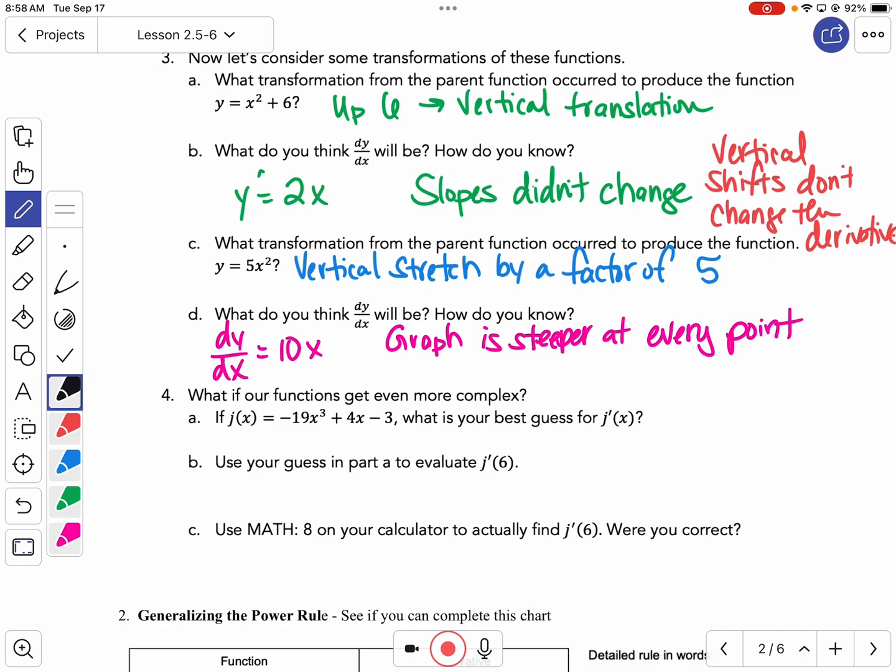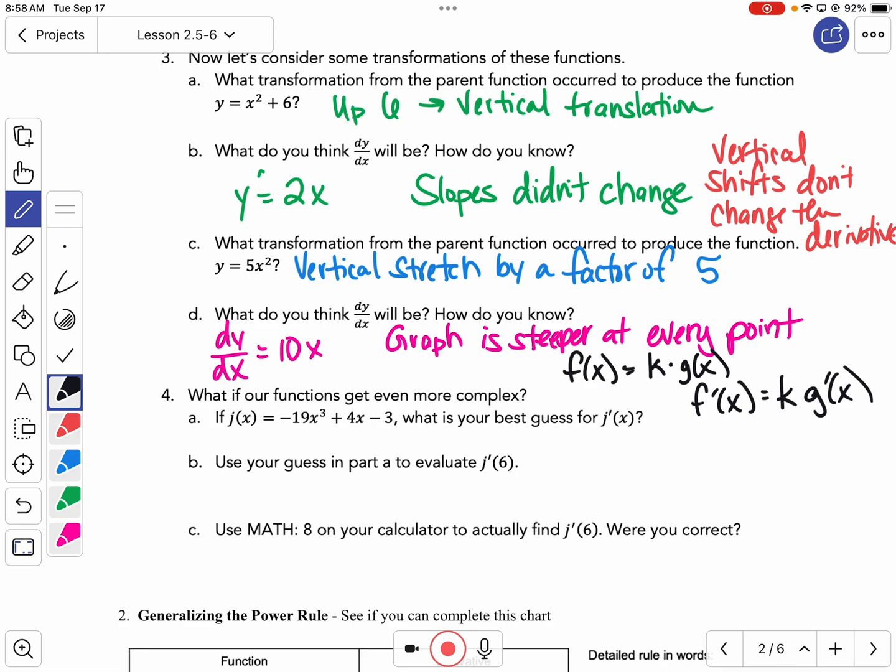If we put that into some formal mathematical language, if we have f of x equal to k times g of x, then f prime of x is the same as k times g prime of x.